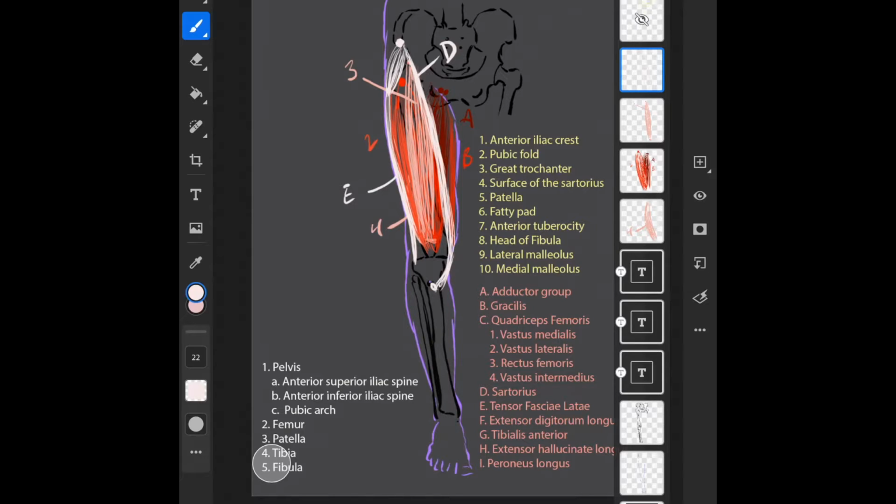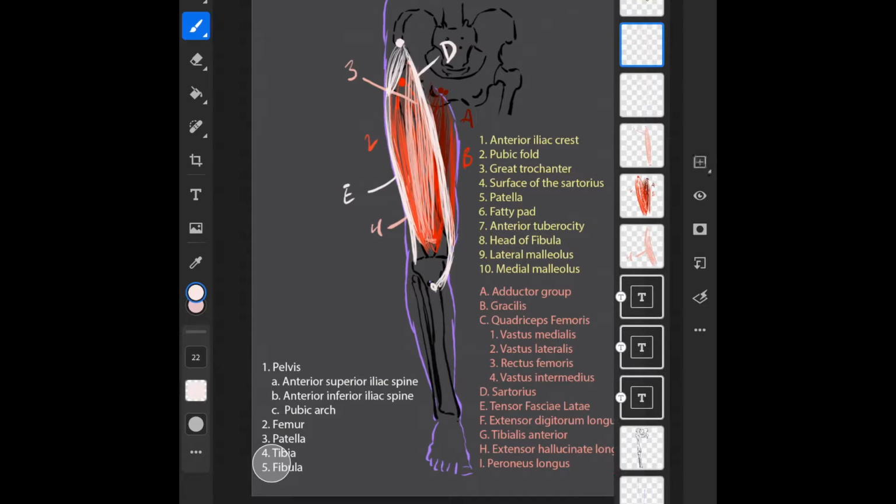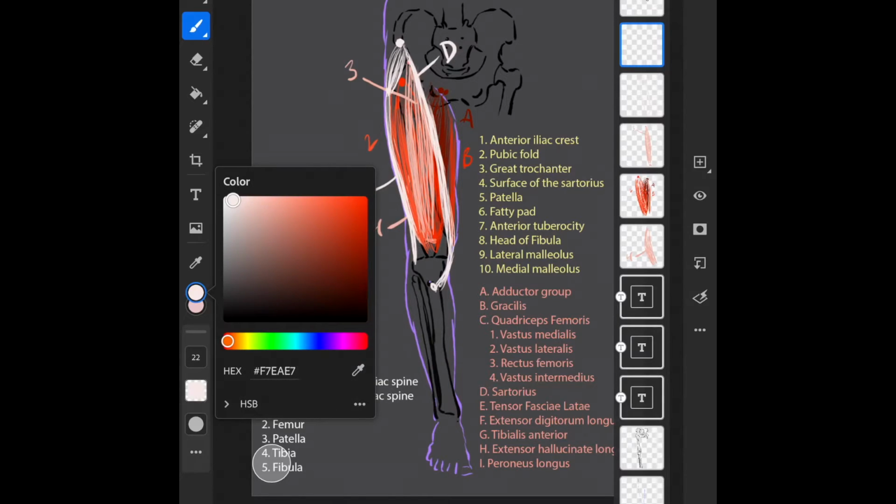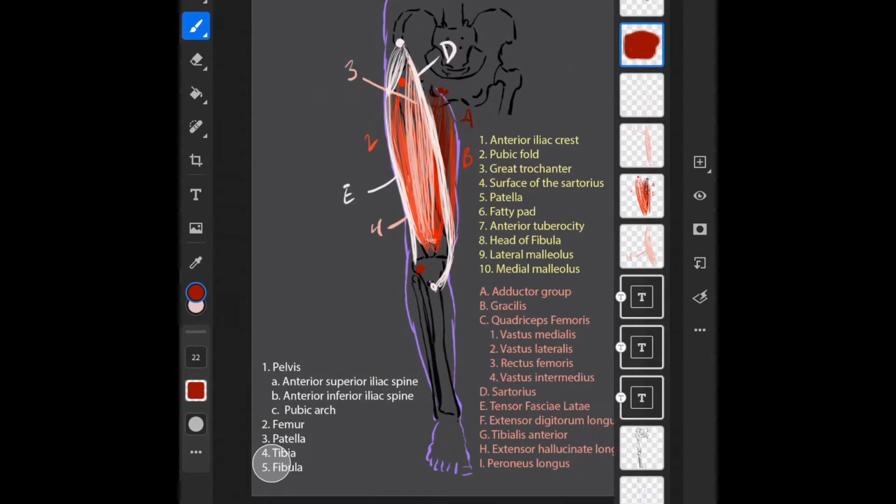Okay, now let's talk about the muscles of the lower leg, of the shin. We have a muscle, let's see if we can add a layer here. Okay, that's good. Let's go back to darker red. That starts on the lateral condyle of the tibia.